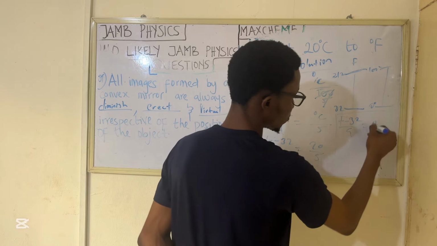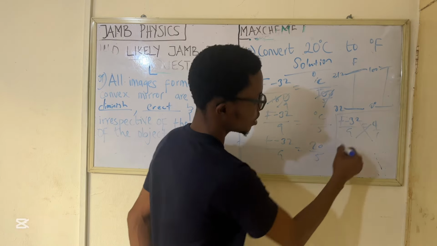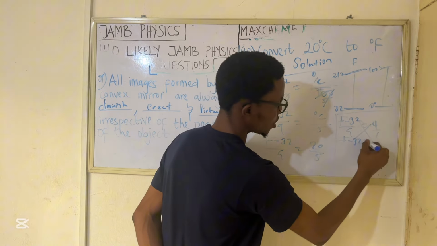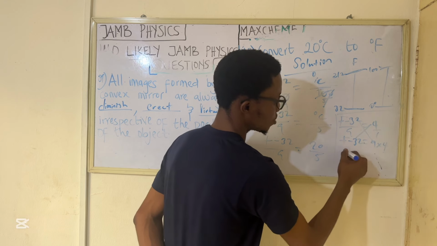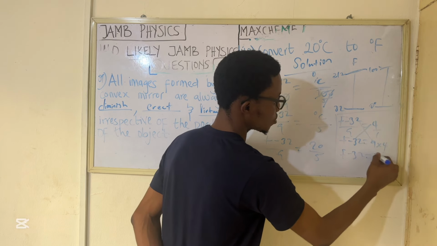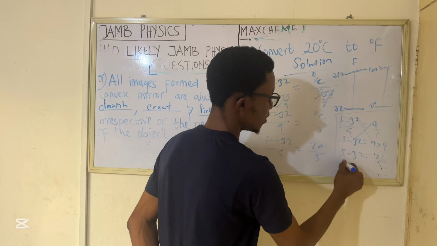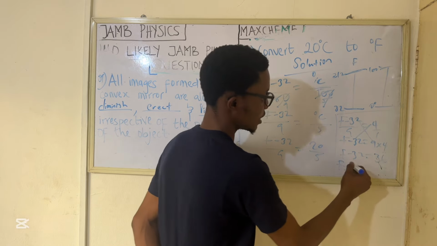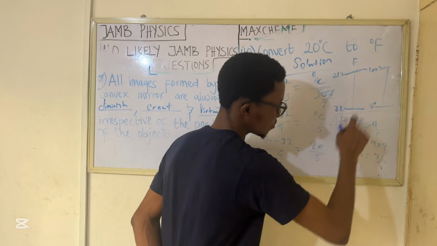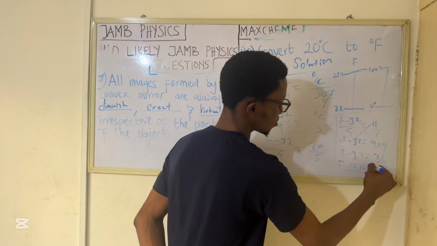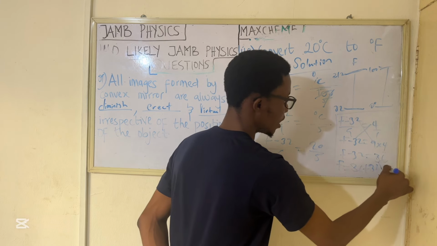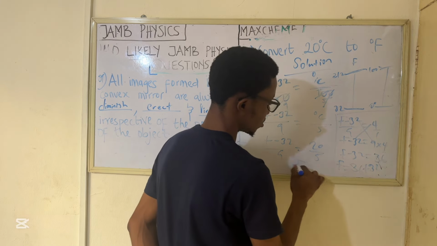Then you cross multiply: F minus 32 equals 9 times 4, so F minus 32 equals 36. Collecting like terms, the negative 32 changes to positive 32 on the other side.